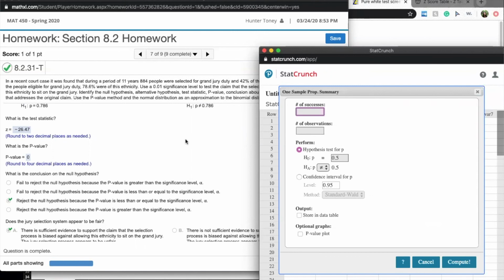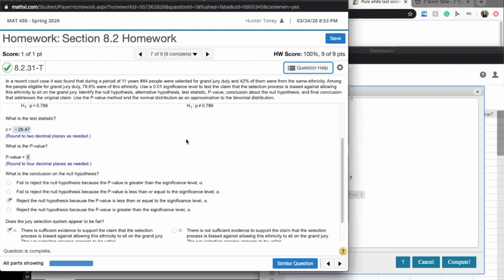So if we look back in the problem, it doesn't actually tell us how many people selected for grand jury trial were of that ethnicity that we're measuring. So all we have to do is take the number of people, 884, and multiply that by the percentage of them that sat on the jury. They tell us the grand jury selected 42% of them.